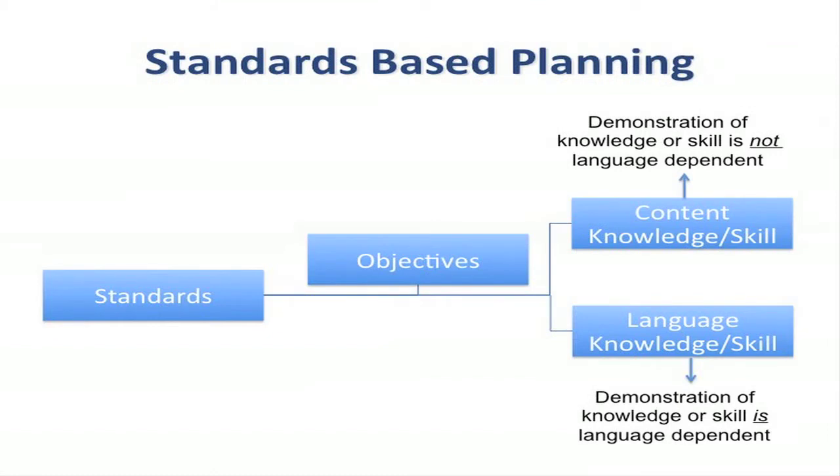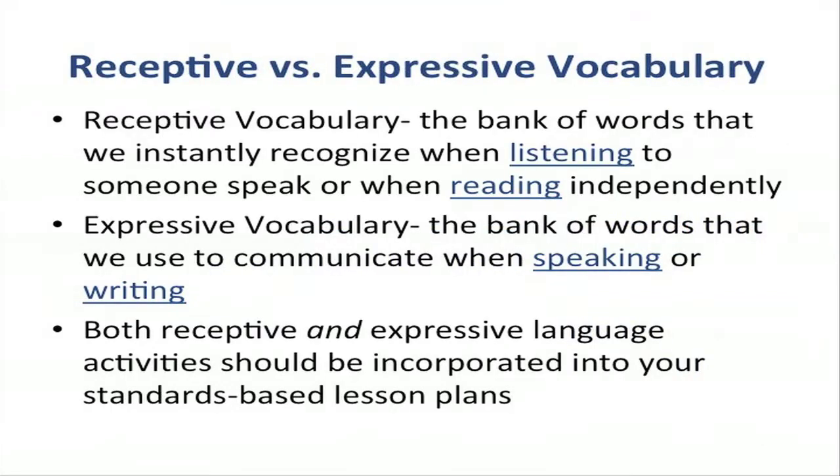If you're requiring students to match, illustrate, select, map, or demonstrate, you are addressing content objectives. However, if your objectives include verbs like write, describe, listen for, or explain, they are language objectives because they require production of English using either receptive or expressive vocabulary.